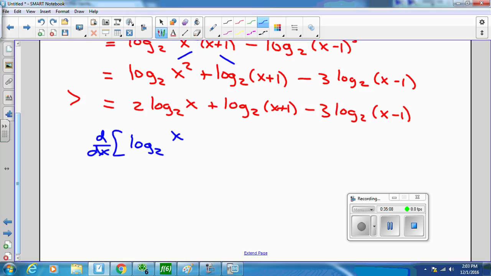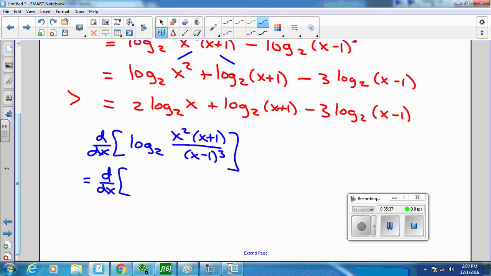So, for example, if I wanted the derivative of the log base 2 of x squared times x plus 1 over x minus 1 quantity cubed, doing this by use of the derivative rule for the log would be awful, because I would do 1 over this times the derivative of the inside, which would require quotient rule and product rule.